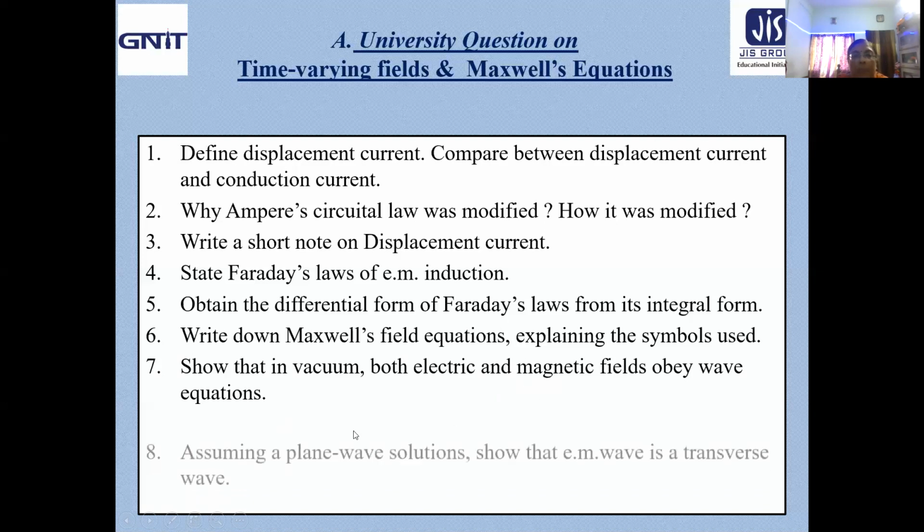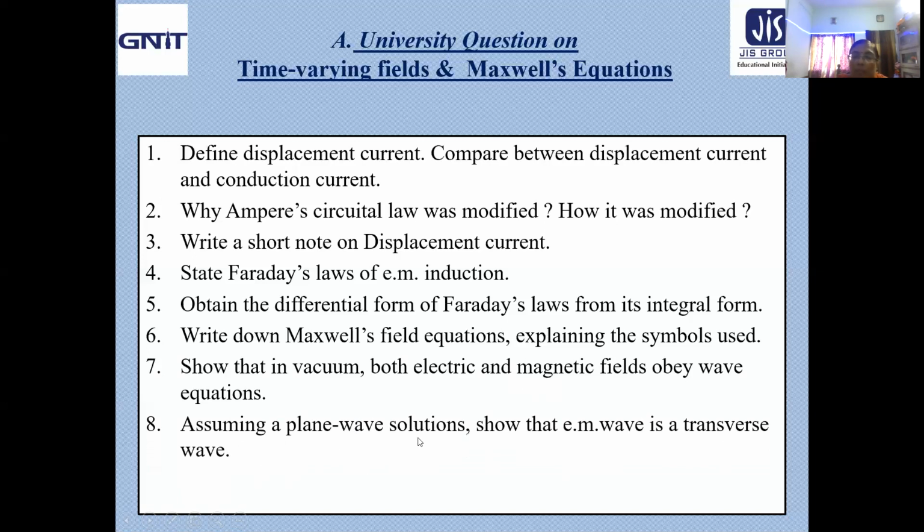Next question. Assuming a plane wave solution, show that an electromagnetic wave is a transverse wave. That is also done in the class. A plane wave solution means E equal to E0 e to the power i(k dot r minus omega t), or B equal to B0 e to the power i(k dot r minus omega t). So you will do the detailed calculation either with the electric field or with the magnetic field, and from there we can find that k dot E equal to 0, and similarly k dot B equal to 0.